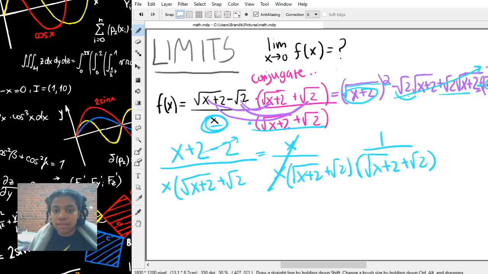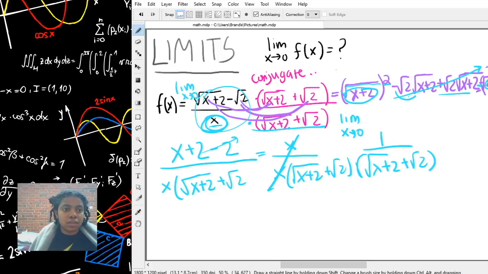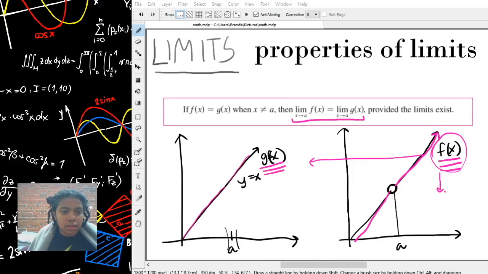And again, we were computing the limit as x goes to 0. So if we've factored this out, it's the same thing as the limit as x goes to 0 here. And this is because of our note here: if f of x equals g of x when x is not a, then the limits are the same.